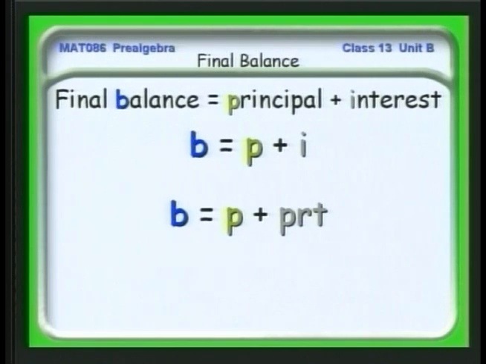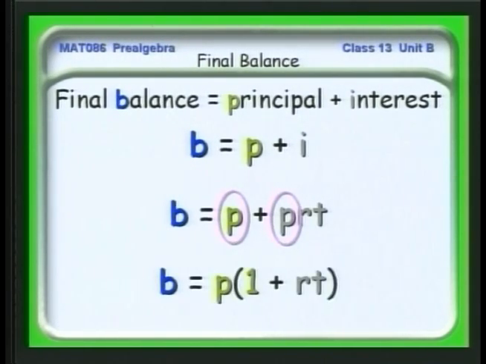I have P in both of those expressions. Why don't I factor it? I can do this using the distributive rule, that the final balance is P, the principal, times the quantity 1 plus the rate times the time.